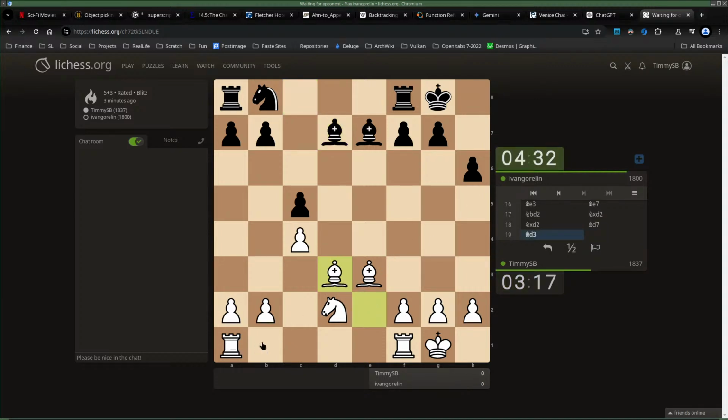So I can put my rook here. You could have done that. Then I had to put that. And then the bishop here. I was basically just screwed.